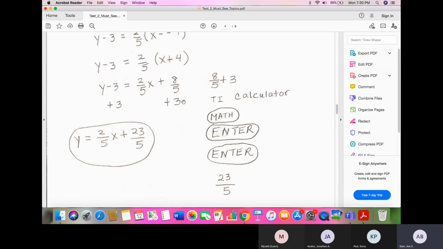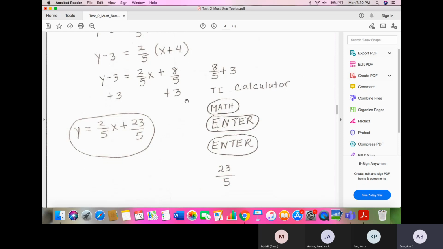How do we combine these? Well, one way you can combine those is on your TI graphing calculator, which was stated in the syllabus as required for this course. So you can take 8/5, 8 divided by 5. So 8 division key 5, plus sign 3.